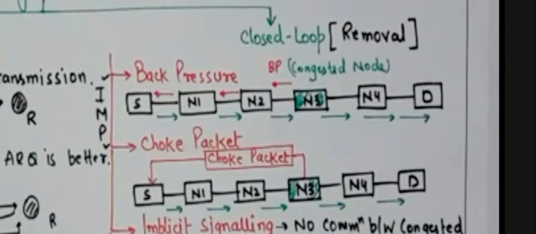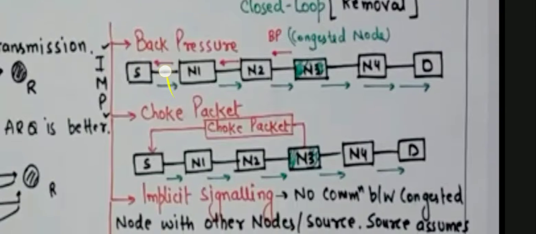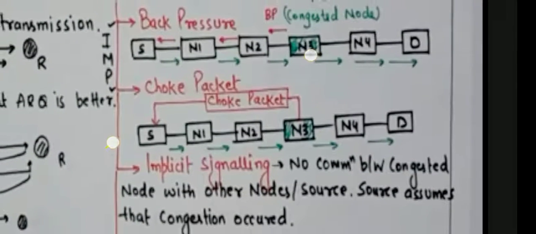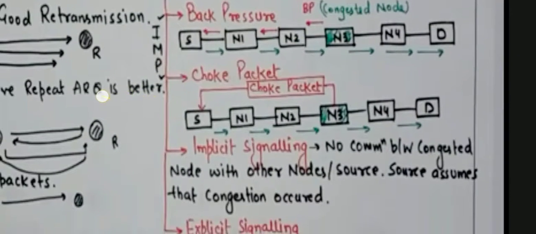Those indicating arrow lines we call back pressure. So the source will understand that at the N3 node a collision was received, so it needs to stop the transmission. Like this we can avoid congestion or find where the congestion will happen.